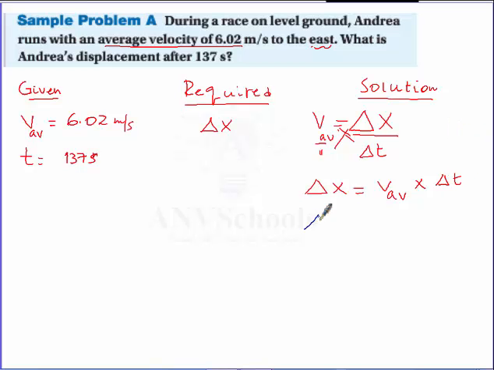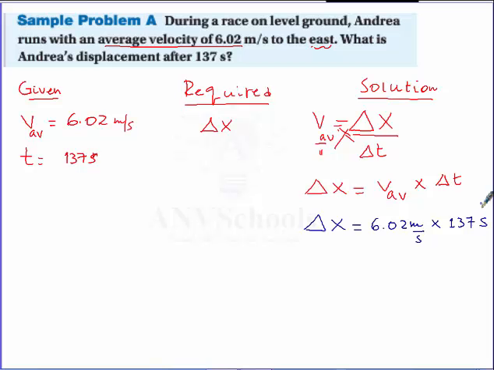The next step is substitution. The average velocity is 6.02 meters per second, multiplied by the time interval of 137 seconds.